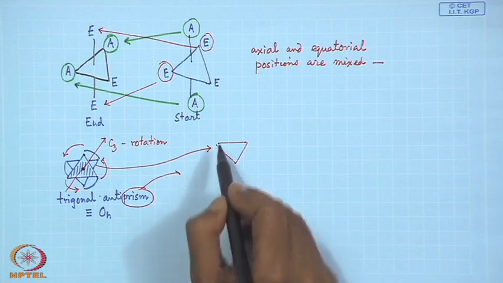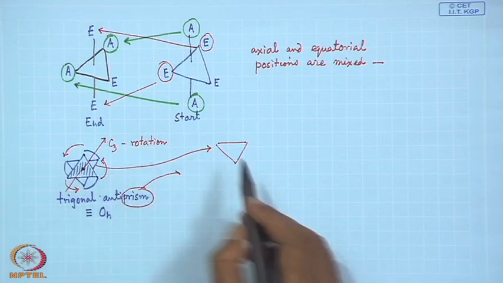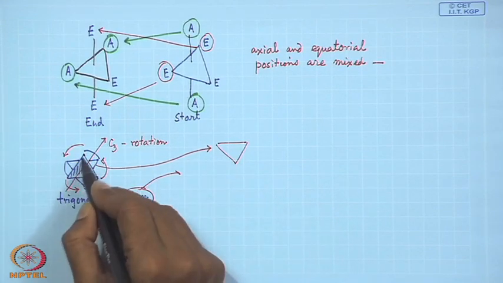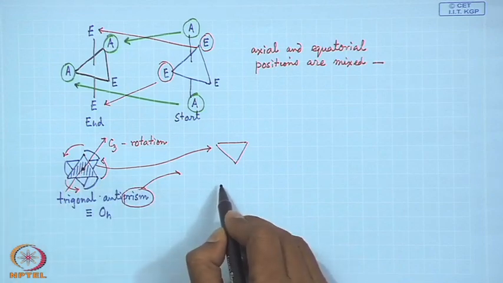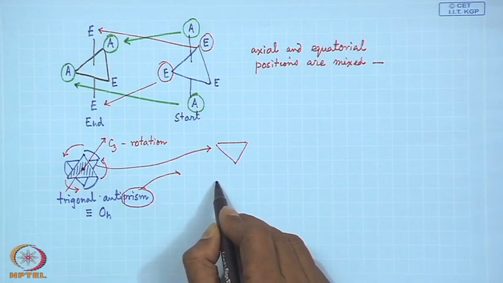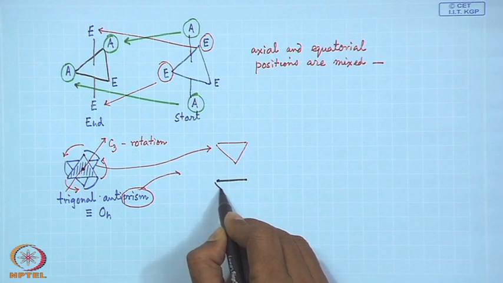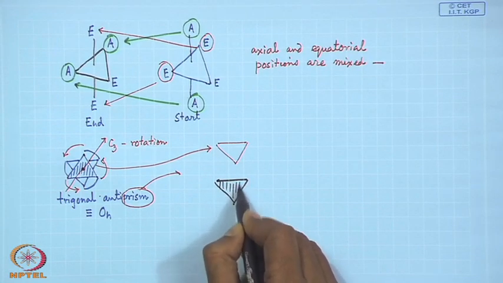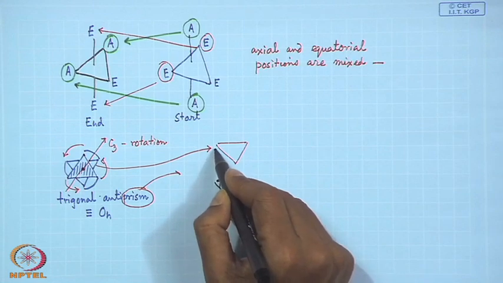So, this back one is still in this form, but the front one, the above one, which is in the shaded portion, is also moving in this direction. So, this is the shaded one on top.